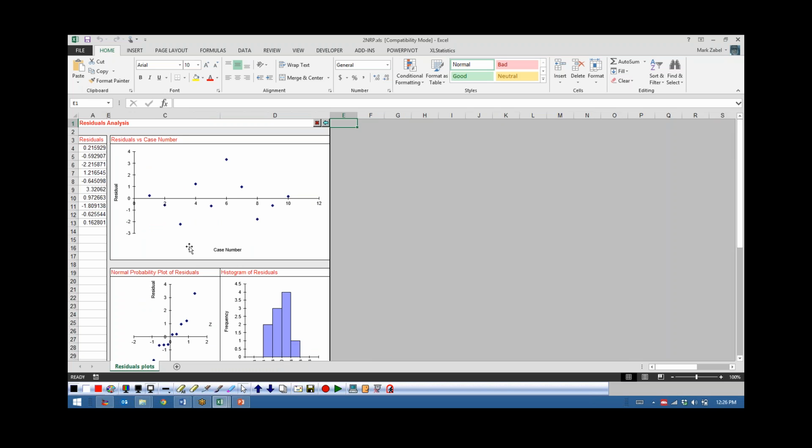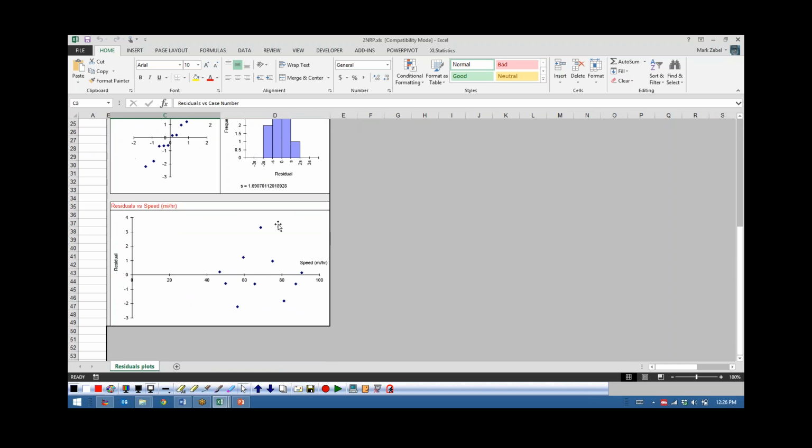Okay, so here's what we really care about. We're going to go to this one, and we're going to look at the residuals versus, in this case, the speed versus the predictor. Okay, and we're going to look to see, are there any patterns that we see? Now, here's what we want to see is no patterns whatsoever. Here's an example of no pattern.